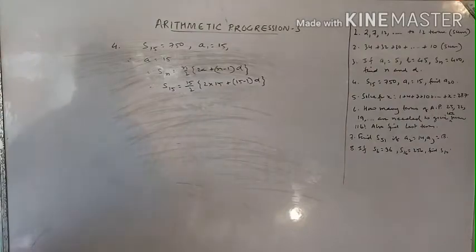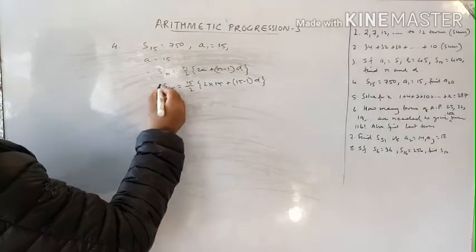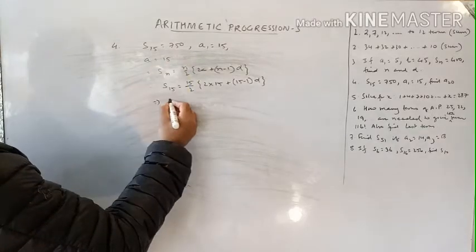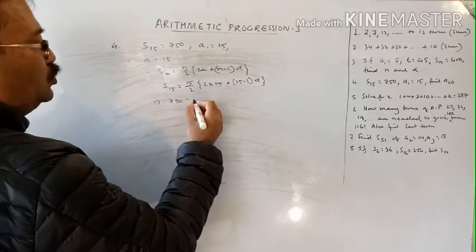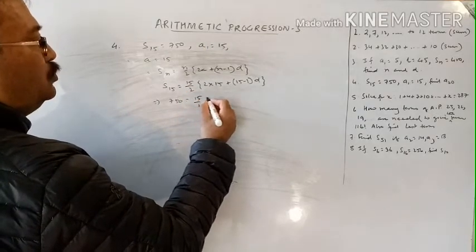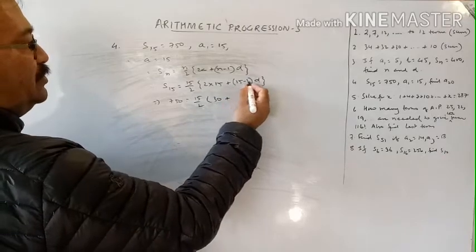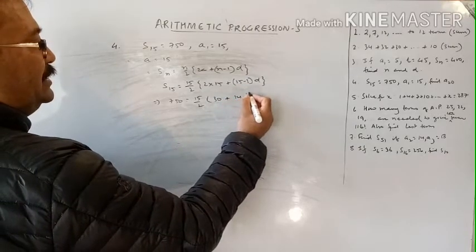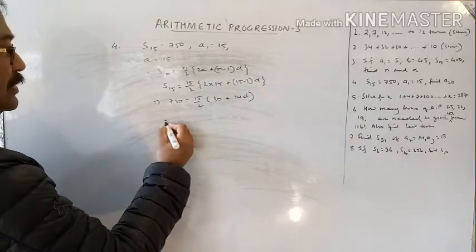Okay, so here the only unknown quantity is d, we can find the value of d. So this implies Sn is 750, that is S15 equals 15 by 2 into 30 plus 15 minus 1, that is 14d. Okay, so the only unknown quantity is d, so we can solve for d.